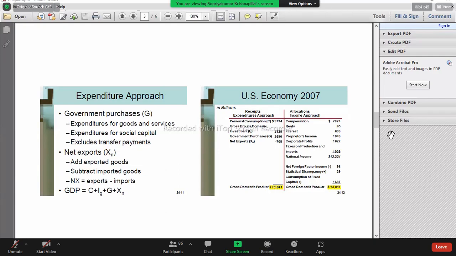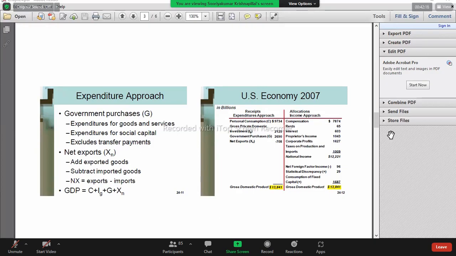That means all the income Americans receive from production, domestic or international, is national income, not GDP. So from national income, they deduct something and add something, then they get GDP.